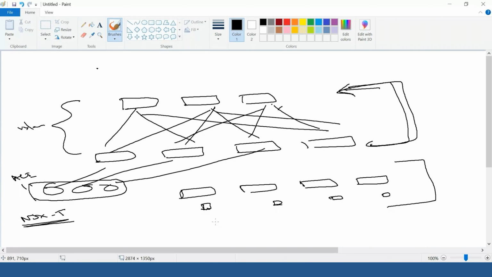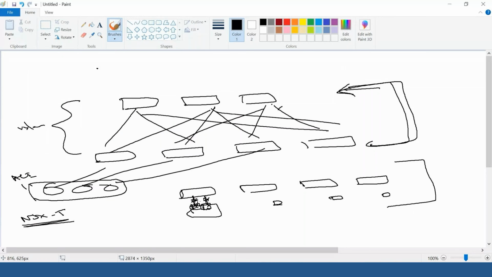For example, take the NSX-T firewall. If I have a VM with two NICs, NIC 1 and NIC 2, connected to my server's virtual switch, a vSwitch or DV switch, there is a firewall per NIC in NSX-T.